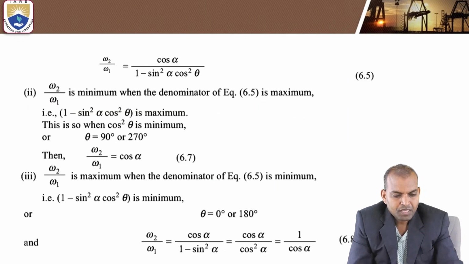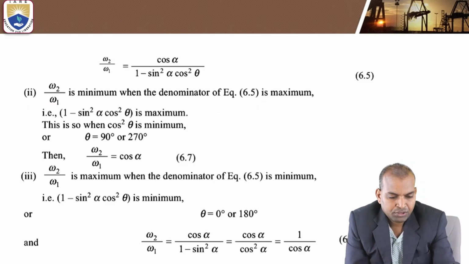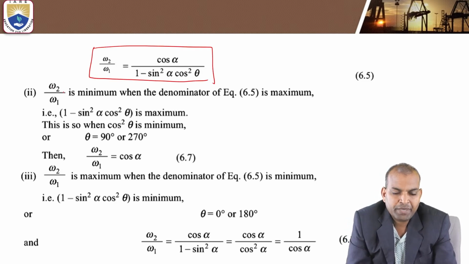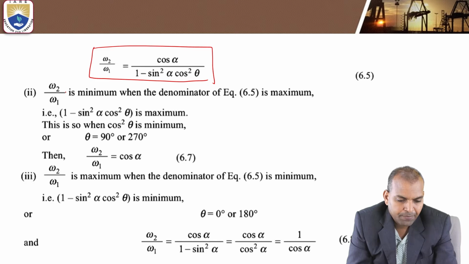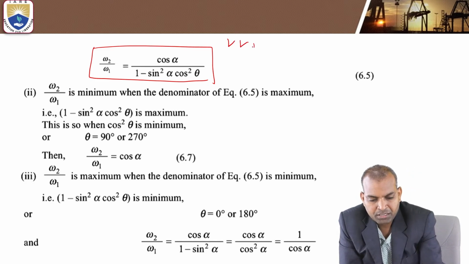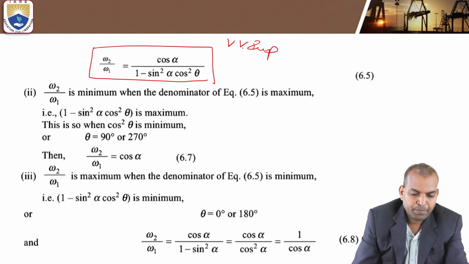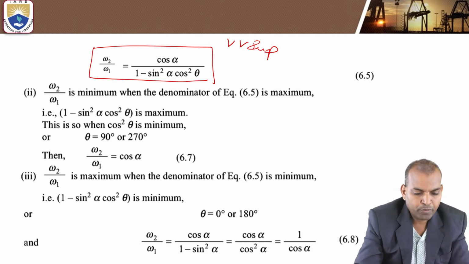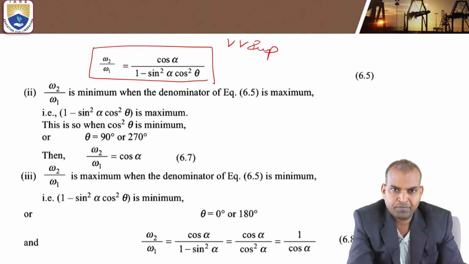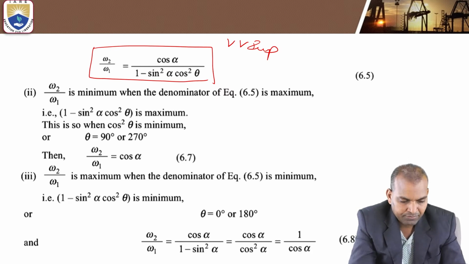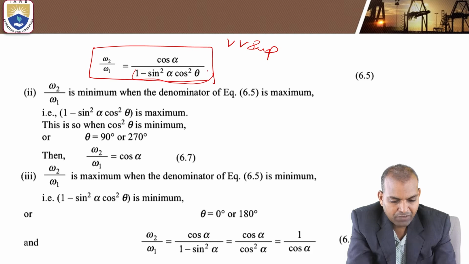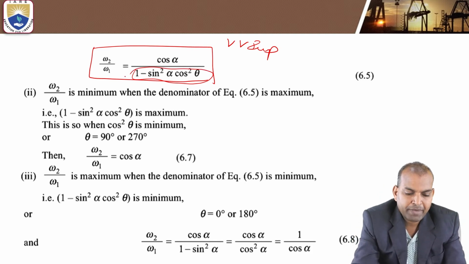Now we know the equation, omega 2 by omega 1 equals cos alpha by 1 minus sin square alpha cos square theta. It is a very important equation in order to obtain the minimum or maximum velocity. Now, if the omega 2 by omega 1 ratio is minimum, that means it is less than 1, then 1 minus sin square alpha cos square theta should be a maximum.